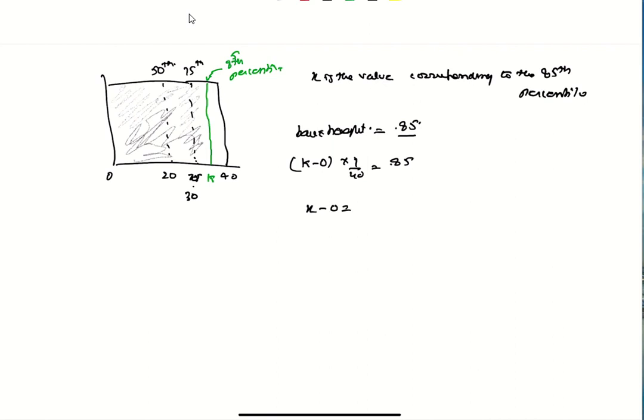So k minus 0 is 0.85 times 40. The minus 0 doesn't really matter. So 0.85 times 40 is 34. So 34 is the number that is reflective of the 85th percentile.